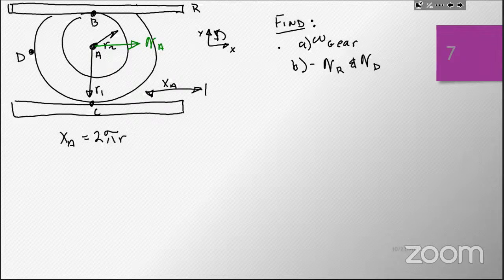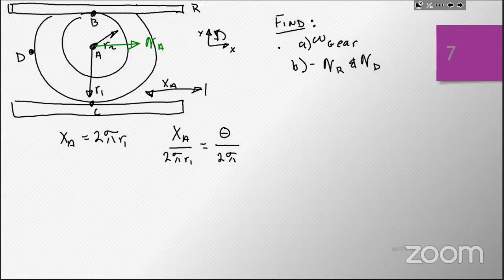So if that's true, that means that the center of gravity of this moves by the circumference, 2 pi, specifically r1. So I can create this ratio, right? The distance that I've traveled over the circumference of the circle has to equal the angle that I have traveled through, divided by 360 degrees.